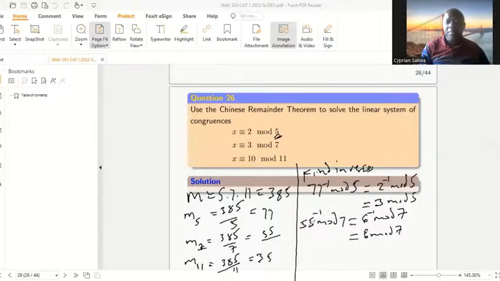And that is the inverse for 55. Now lastly, let's find the inverse of that 35 mod 11. Reduce that 35 mod 11. My calculator gives me 2.